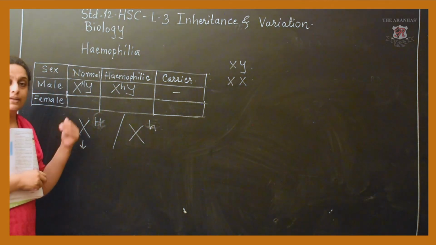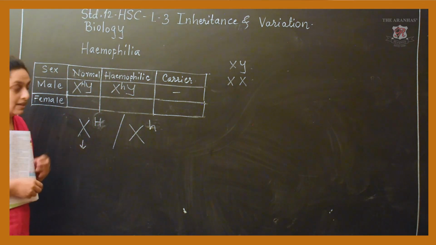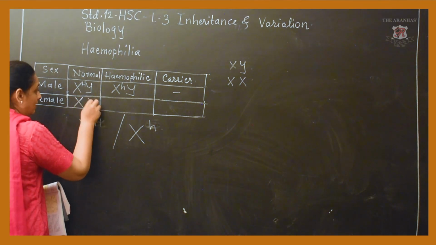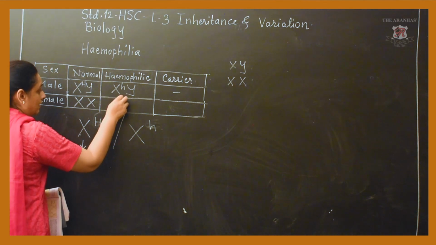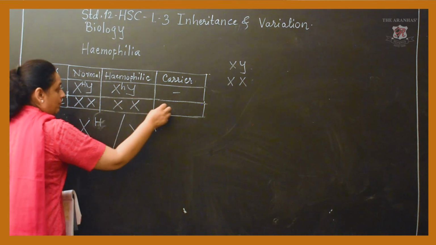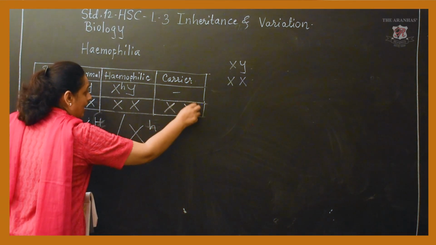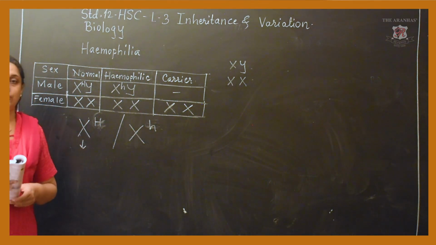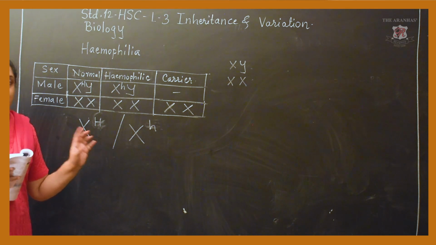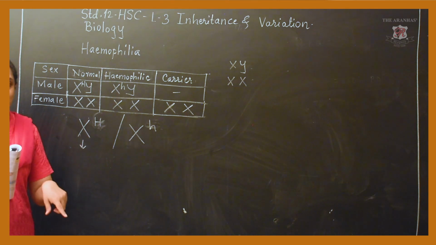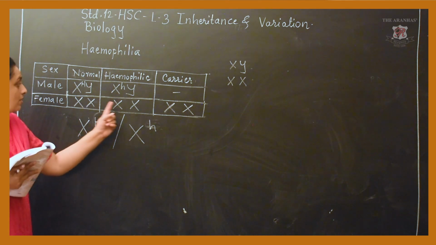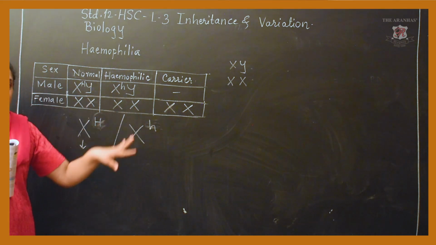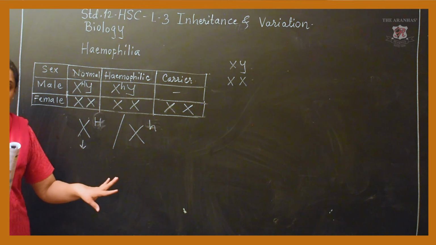And in females, we will write all the possibilities one by one. But before that, I am writing the basic genotype of females. Females have both X chromosomes. So for all the three combinations, I have first written the basic X chromosome.